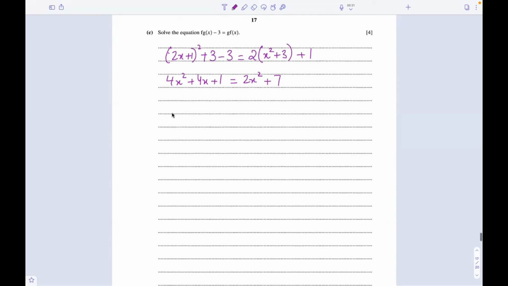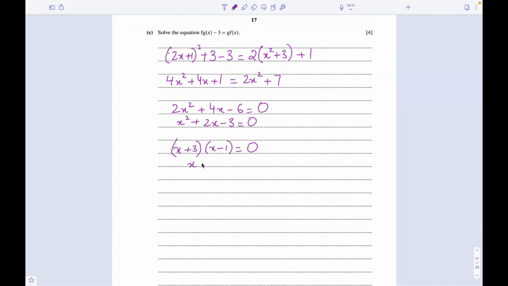Simplifying both the sides, we get 2x squared plus 4x, and 1 minus 7 will become minus 6. We can write this equation as x squared plus 2x minus 3 is equal to 0. Solving this equation, we get (x + 3)(x - 1) is equal to 0.